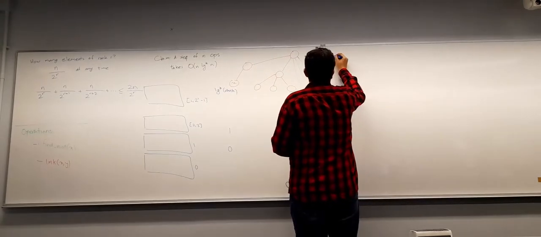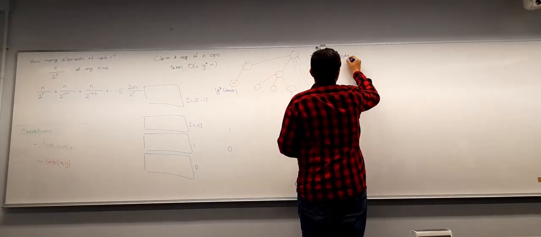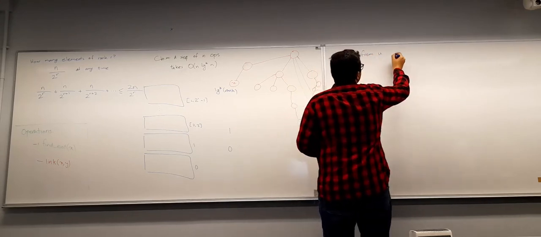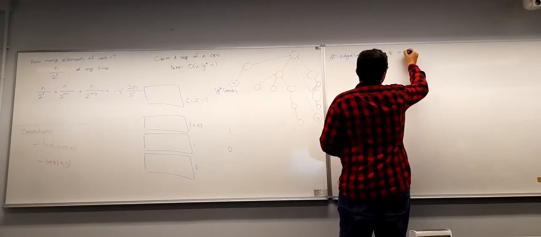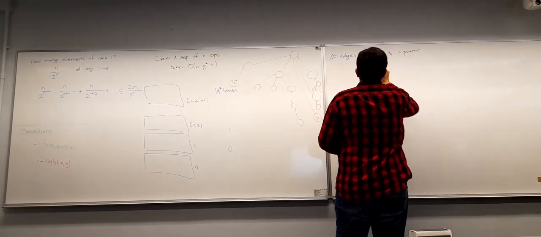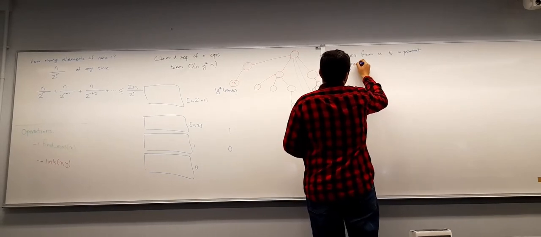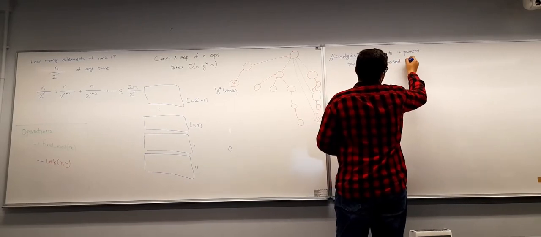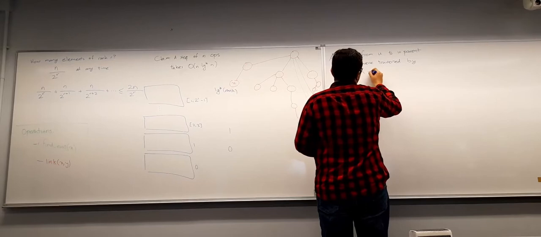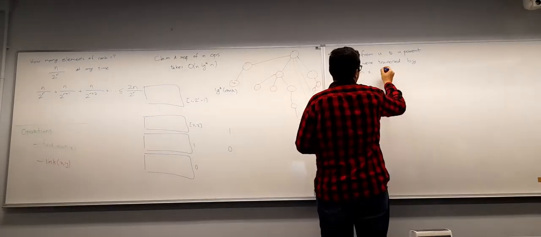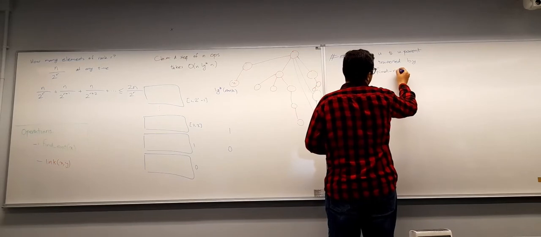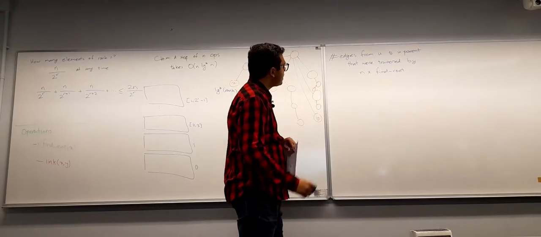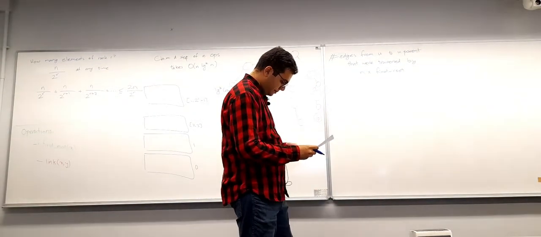I want the total number of edges from some vertex, let's call it u, to u dot parent that I have traversed by n times execution of find root. So I did n find root operations, and I want to find the total number of edges that went from one vertex to its parent. Okay.